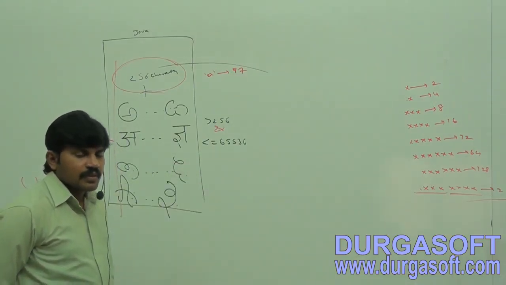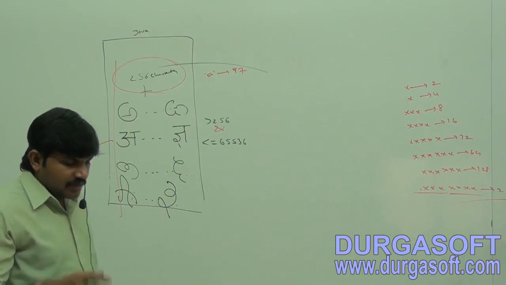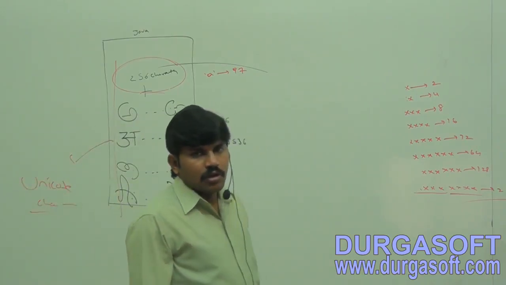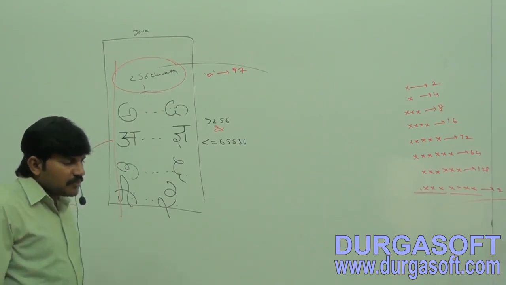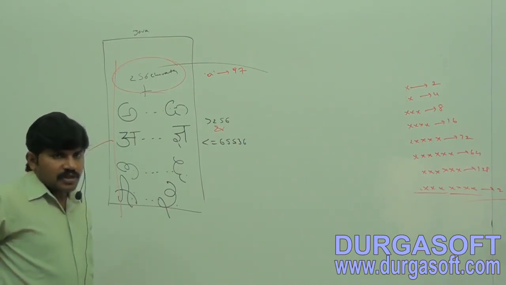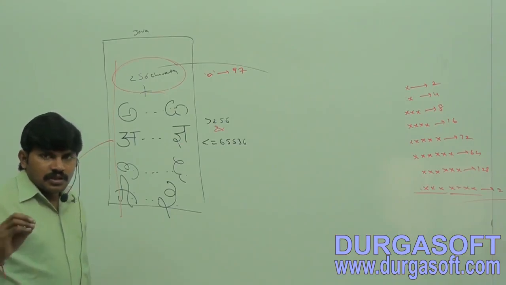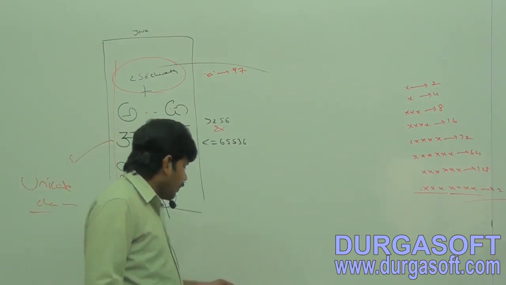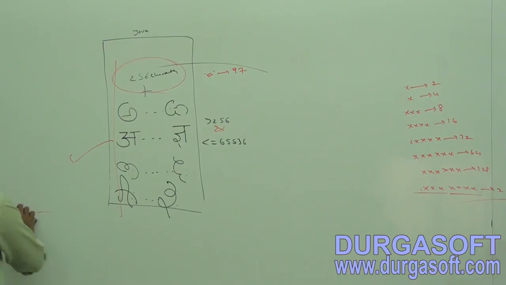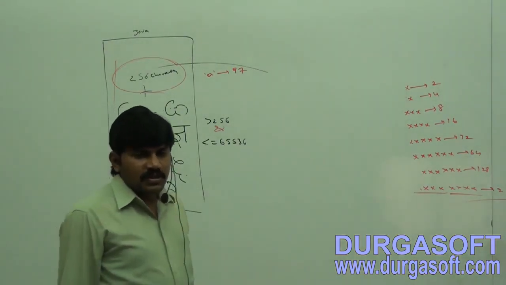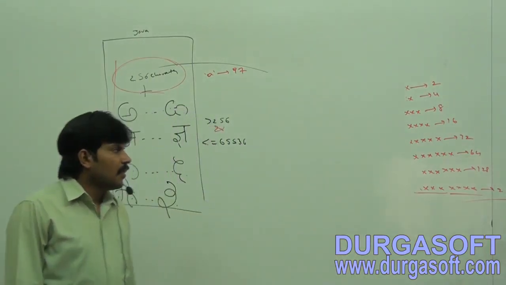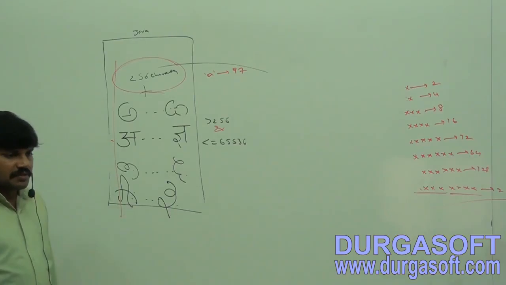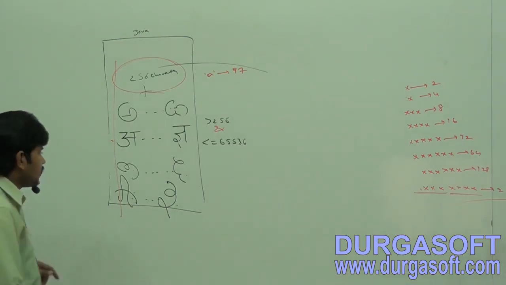Next, to represent this many characters, 8 bits may not be enough. Compulsorily we should go for 16 bits.